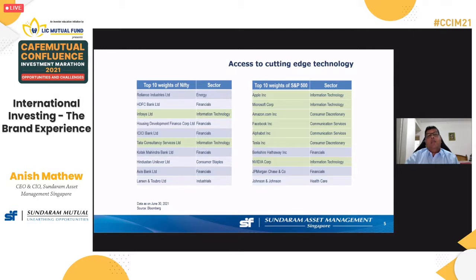Even these two, Infosys and TCS, are software services players, not really cutting-edge technology product players. Whereas if you look at the table on your right-hand side, you can see in the S&P 500 list, 7 out of the top 10 weights are cutting-edge technology product companies. So this is another reason why one should consider allocating some part of your portfolio to international equities.